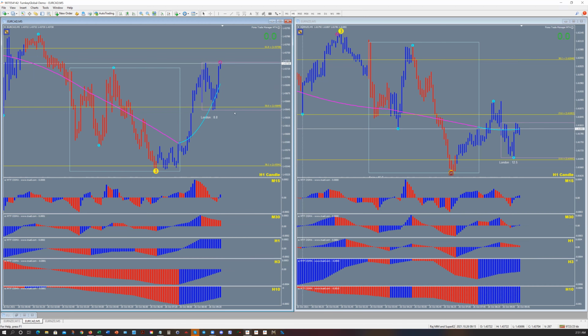It took the 2 wall out. By the way, this is in the discount area. This is not a good place to enter long anyway. It's above the 50% of the fit.